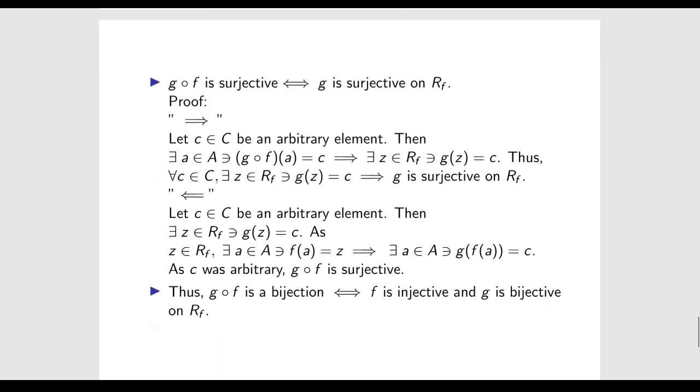Another similar result, g∘f is surjective if and only if g is surjective on the range of f. So first, the forward direction. Let c belonging to C be an arbitrary element.